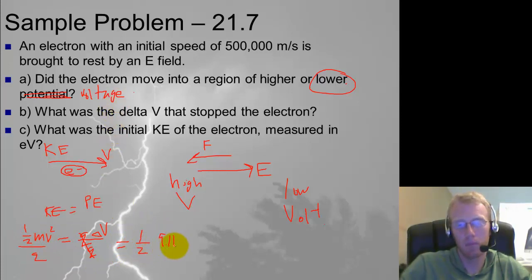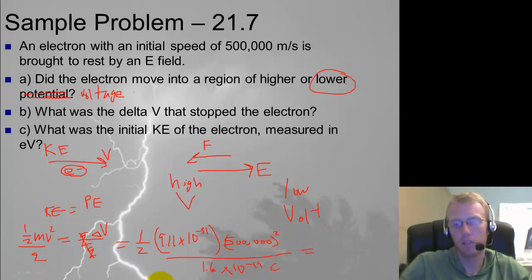I gave this last slide, but if you don't remember, 9.11 times 10 to the negative 31 kilograms. The velocity initial, 500,000 squared. And the charge on an electron is 1.6 times 10 to the negative 19th coulombs. Okay, so type all that into your calculator, and you will find out the delta V that stopped the electron.